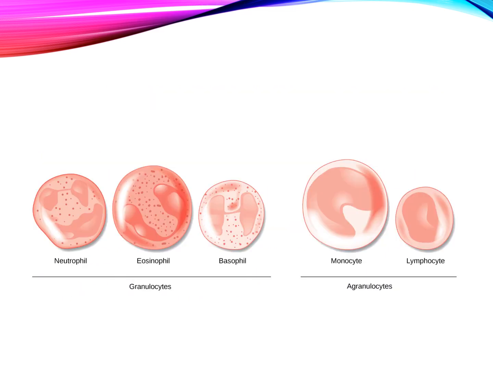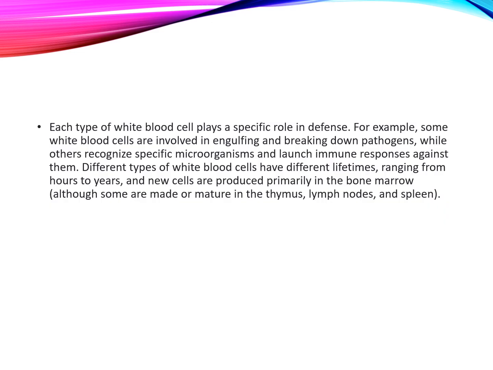You can see here how these different types of WBC differ in size, as well as in the shape of the nucleus. Each type of white blood cell plays a specific role in defense.